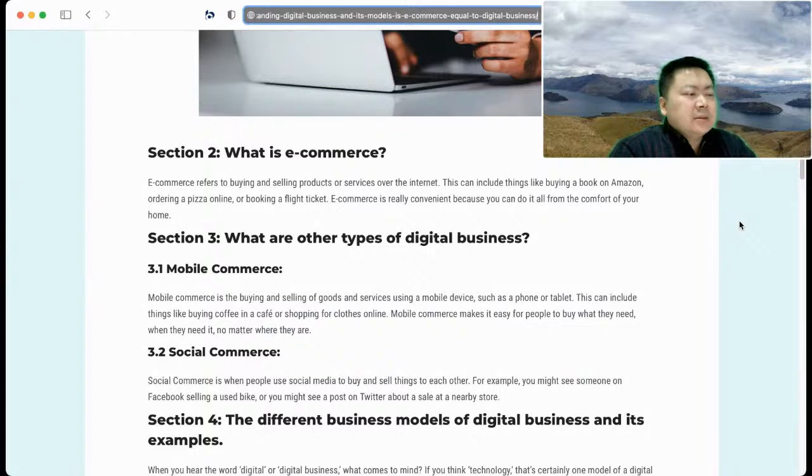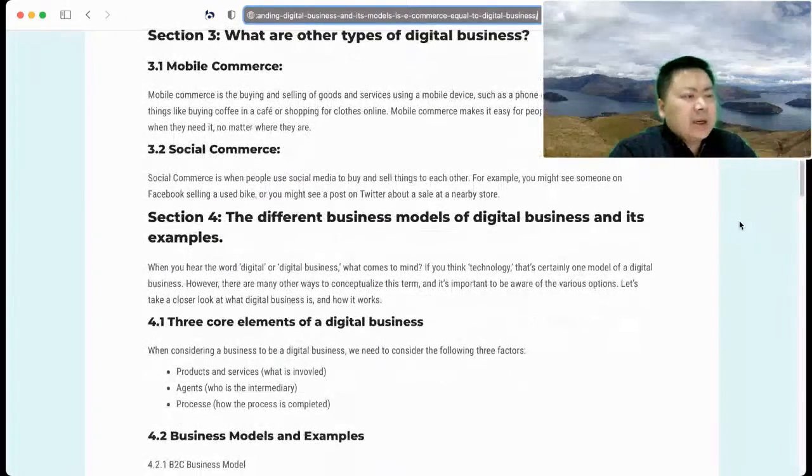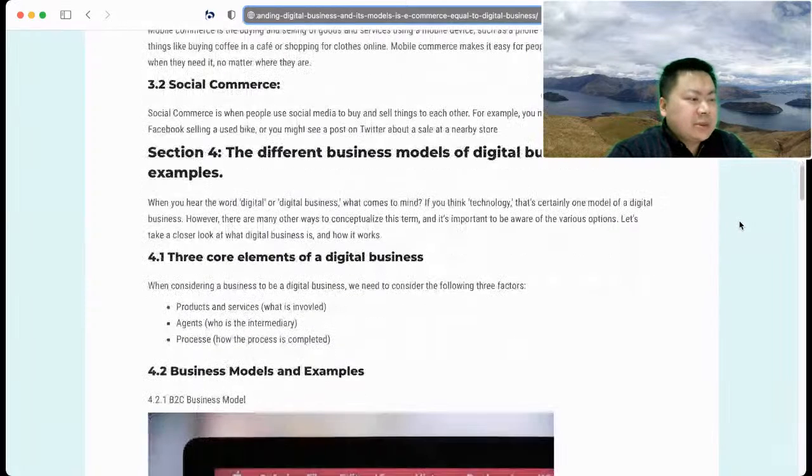And social commerce is when you buy or list your offers, such as on Facebook. There are different models of digital business, and there are some examples.